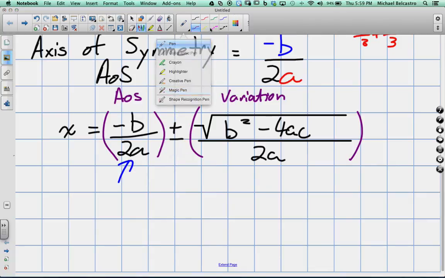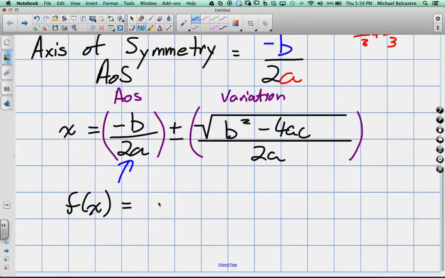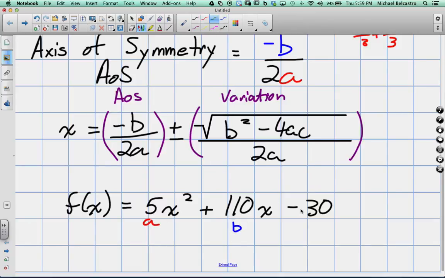More importantly though, since we've derived that equation, we can use it to find the axis of symmetry. So let's say we have a standard form equation, something like f of x equals 5x squared plus 110x minus 30. These are our a, b, and c values.